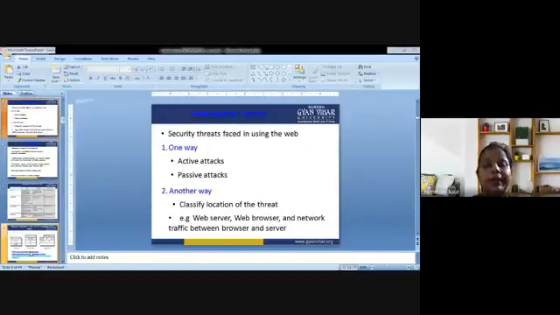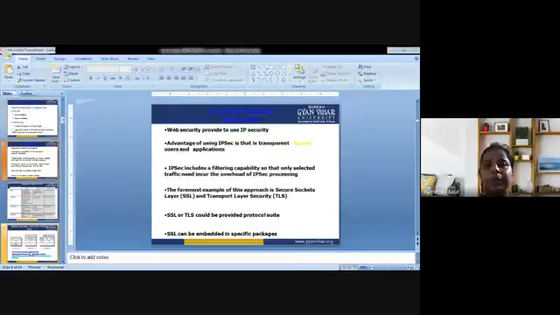There are certain threats that we have discussed. One way to classify threats is active attack or passive attack. Another way is related to the location of the threat. Third is the various web traffic security approaches that we have discussed, that is, web security using IP security.